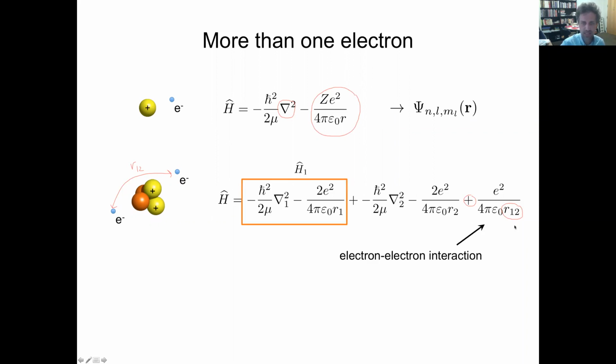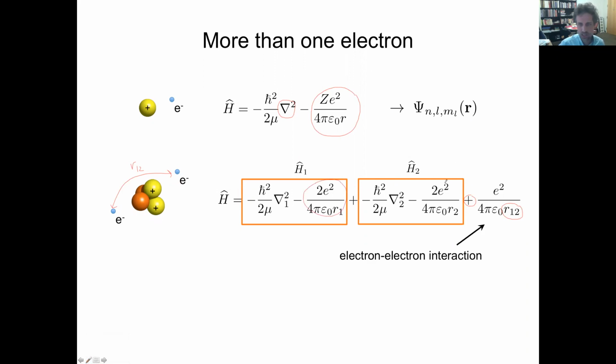Then I have basically 2 individual Hamiltonian contributions, one from the first electron and one from the second electron. Each electron will have a kinetic energy term. That is the first term in each of the orange boxes. And it will have an attractive energy term due to the potential energy, okay? That is this term right here.